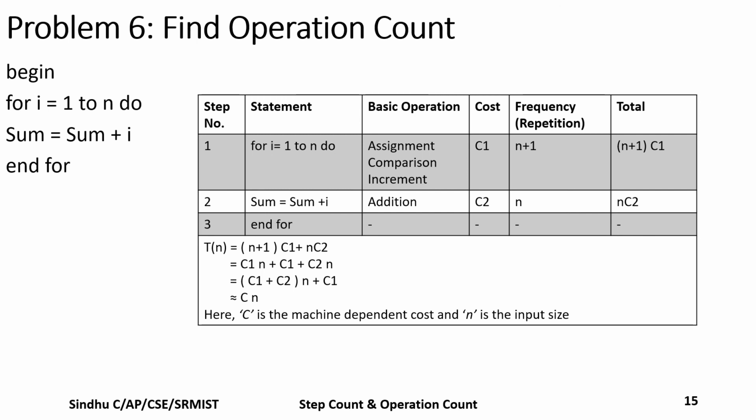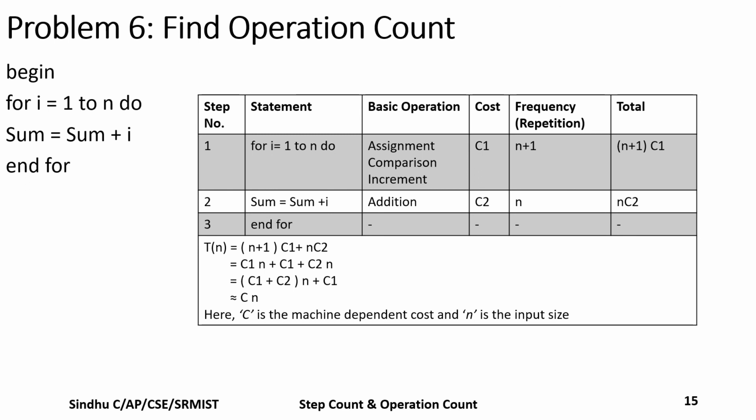Multiplying the cost and the frequency, you get C1 into n plus 1. The second statement is sum is equal to sum plus I. This is a normal expression. Here you have the addition operation, and some cost would have been incurred, so let that be C2. And this statement would have occurred n times, so the frequency of occurrence is n. Multiplying the frequency and cost, you get n into C2.